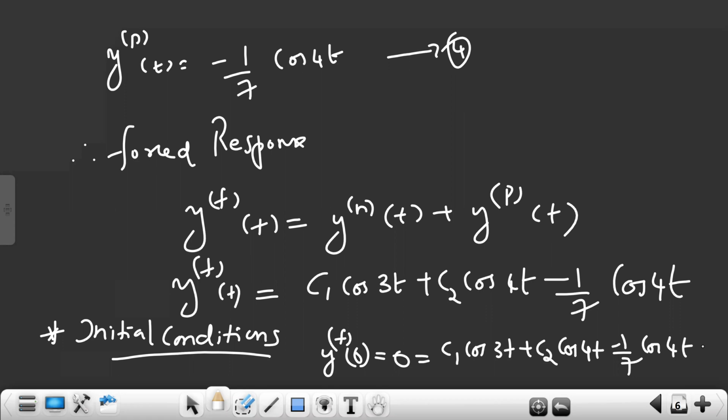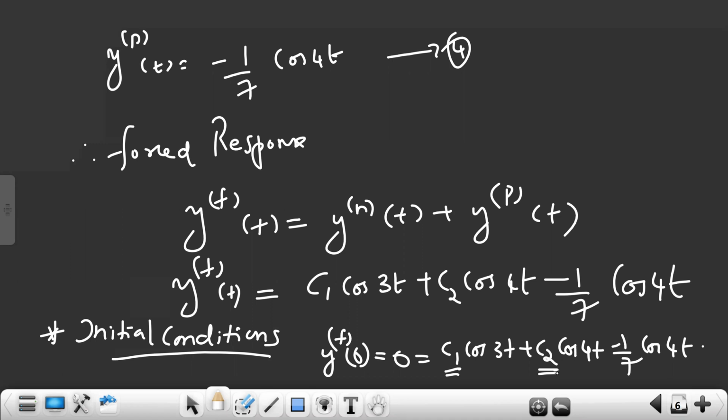Now, from this, will you be able to find C1, C2? We are having two coefficients.